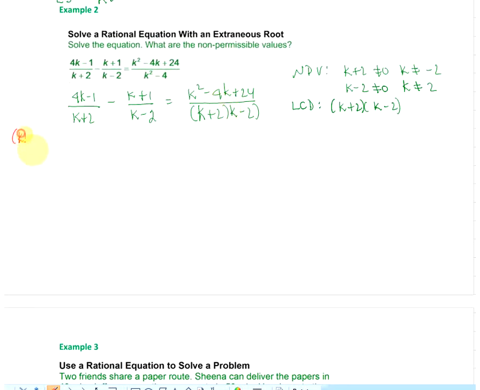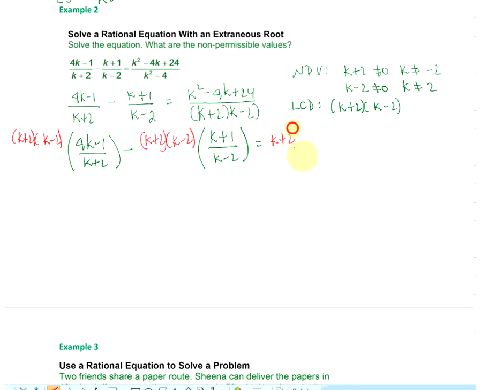So we go k plus 2 times k minus 2 times 4k minus 1 over k plus 2 minus k plus 2 times k minus 2 times k plus 1 over k minus 2 equals, and then k plus 2 times k minus 2 times k squared minus 4k plus 24 over k plus 2 times k minus 2.